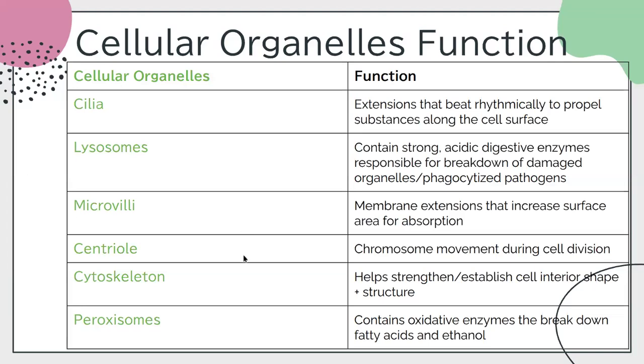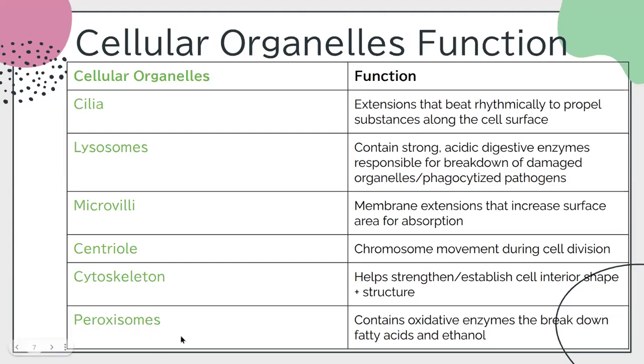Finally, your centriole. Your centriole helps with chromosome movement during cell division. So, if you guys have heard of mitosis or meiosis in molecular biology, then the centriole is a key aspect of those processes. Finally, once again, your cytoskeleton, it helps with strengthening and establishing the cell interior and the shape and the structure of the cell.